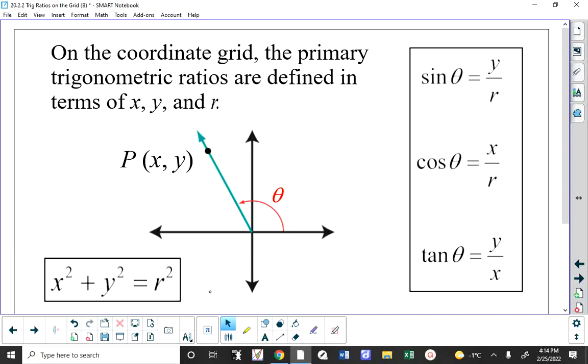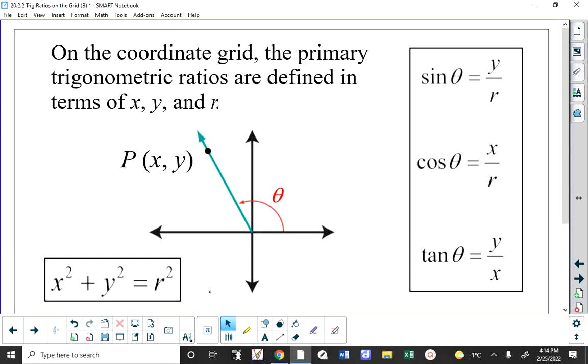We equate the opposite side in the traditional definition of trigonometric ratios to be equal to the y coordinate, the adjacent side is the x coordinate, and the hypotenuse now becomes r, which is the distance from the origin to the point on the terminal arm. So that's where those three definitions come from that you're looking at on the right-hand side of your screen.